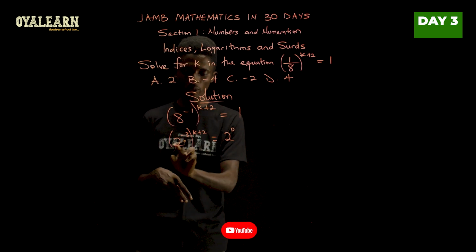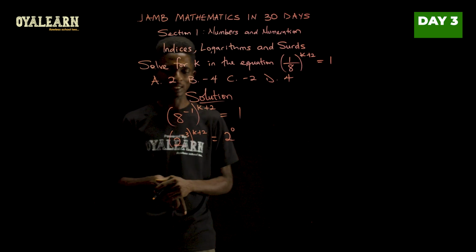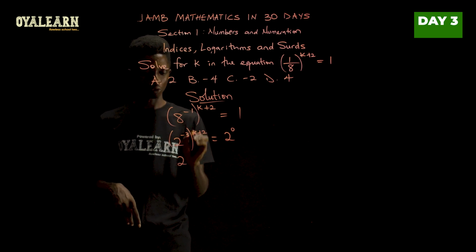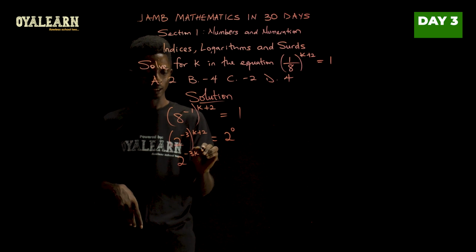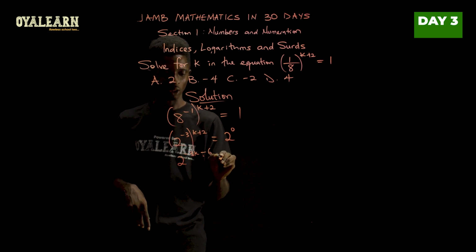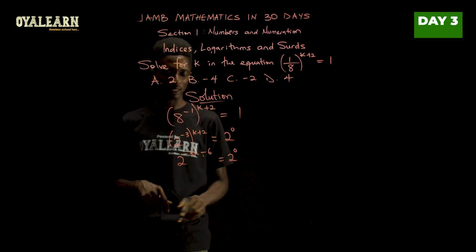So that way we have equal base index at both sides of the equality sign. Now let's open this. We then have 2 with the power of minus 3k. Then minus 3 times plus 2 will give us minus 6. All equals 2 with the power of 0.